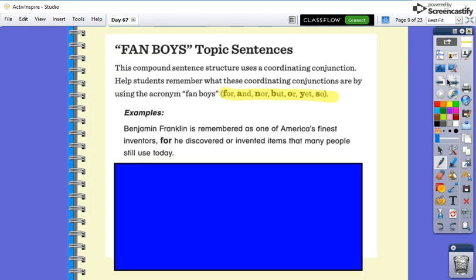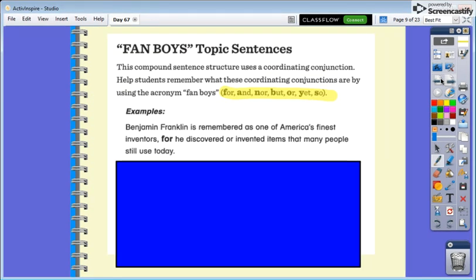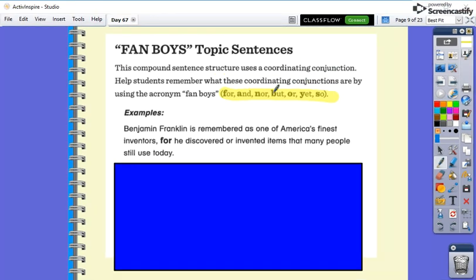We're going to look a little bit more at the fanboys topic sentence. You'll notice that fanboys is an acronym for the coordinating conjunctions that are used in these types of topic sentences: for, and, nor, but, or, yet, and so. Fanboys is the beginning of each of those letters.